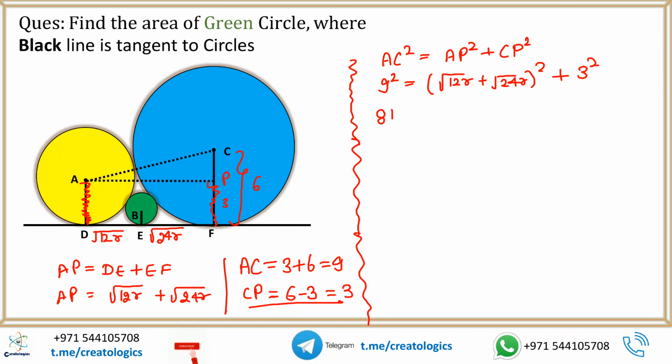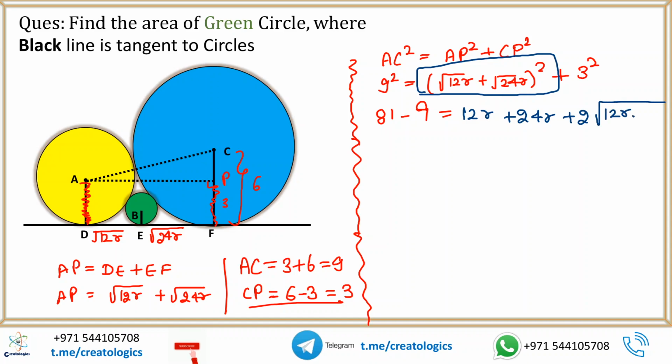So we have 81 minus 9 is equal to, now open the whole square using the a plus b whole squared identity. I will get 12r plus 24r plus 2 times square root of 12r times 24r. That gives me 72 on the left hand side equal to 36r plus 2 times square root of 12 times 24, and the square root of r times r gives r.